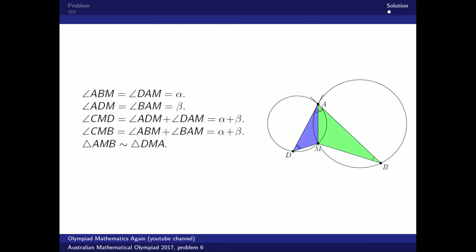So now let us notice that the triangles AMB and DMA are similar to each other, and this is simply because of the equality of angles that we established earlier. So they have two pairs of corresponding equal angles, therefore they are similar.